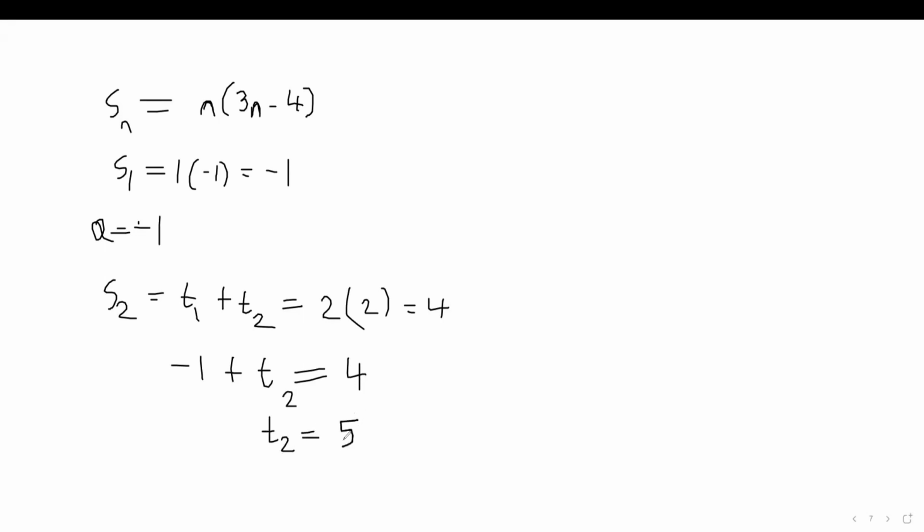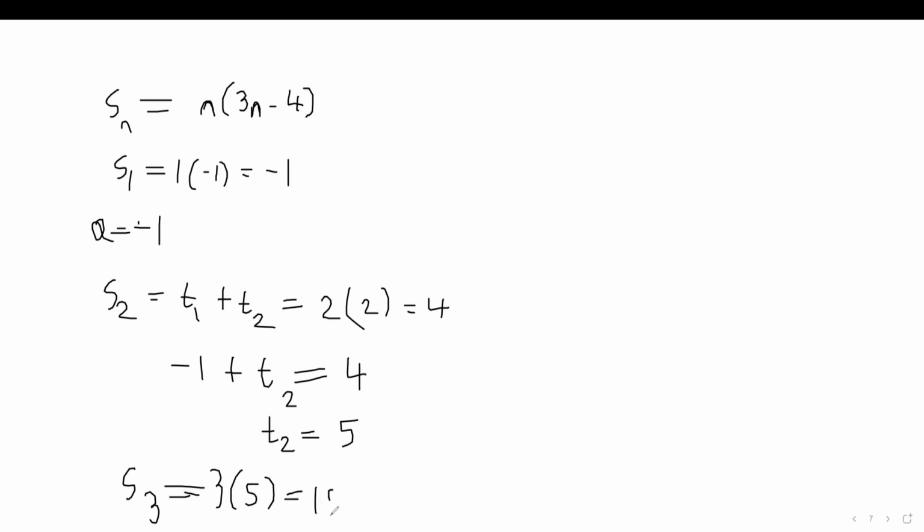Now we just need to find one more term, T3. So we're going to plug in n as 3. S3 is equal to 3 times 3 times 3 minus 4. 3 times 3 is 9, 9 minus 4 is 5, and 3 times 5 is 15.